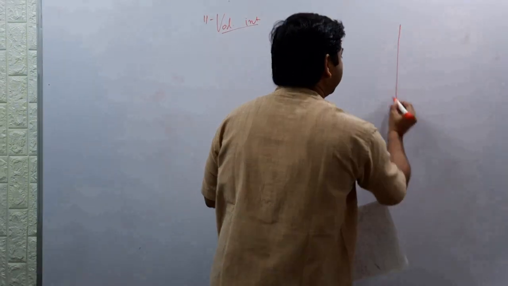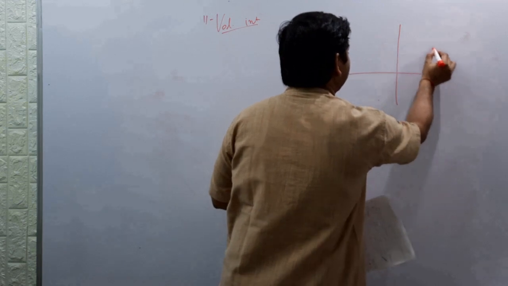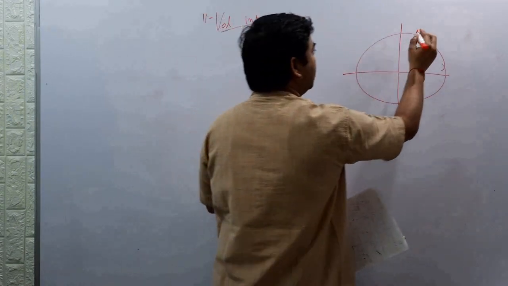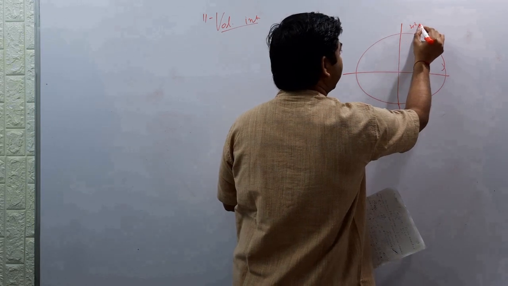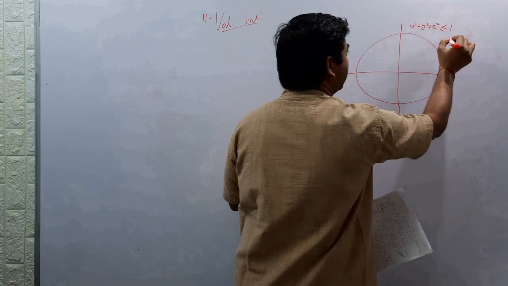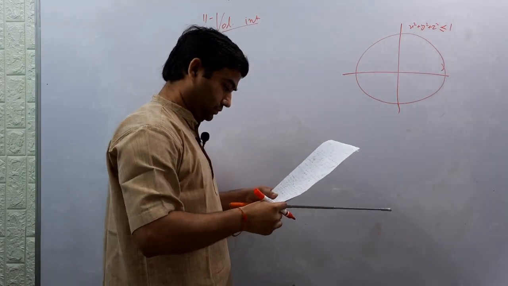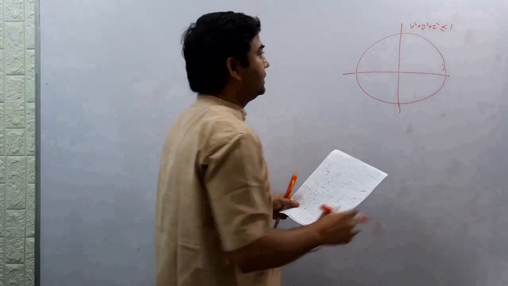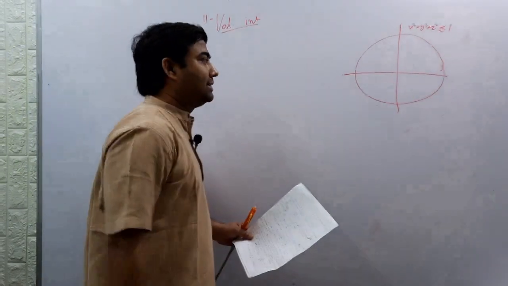So this is a sphere, and the volume of the sphere is given by x square plus y square plus z square less than or equal to 1. The volume of the sphere is given by this equation.